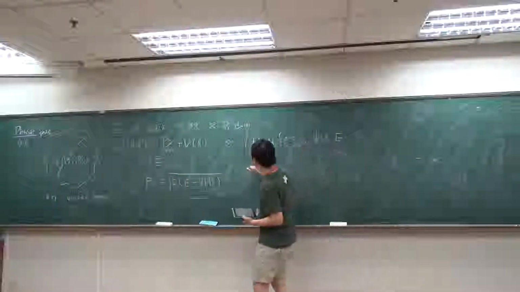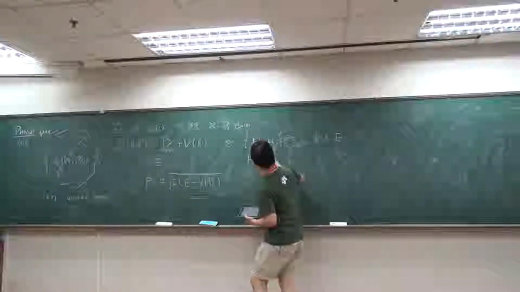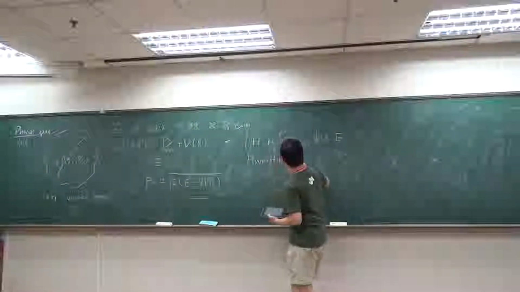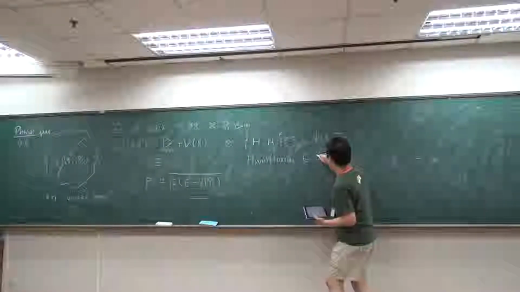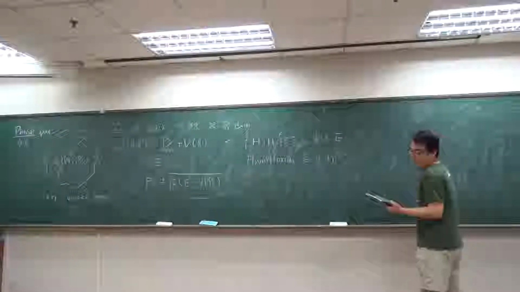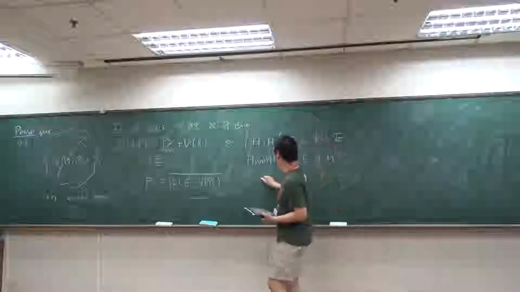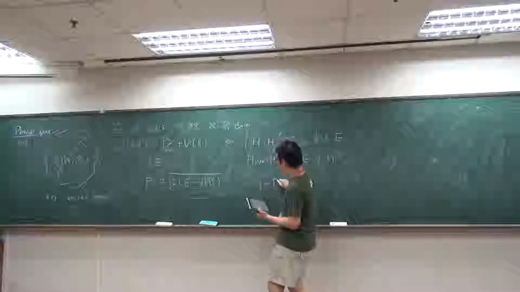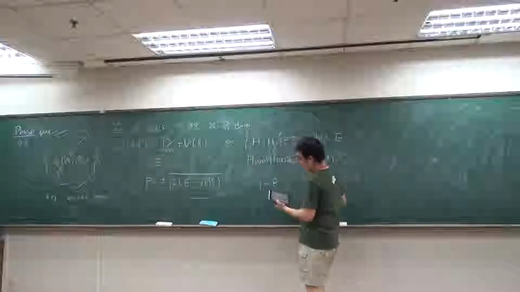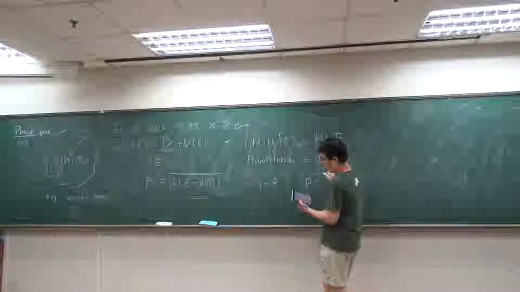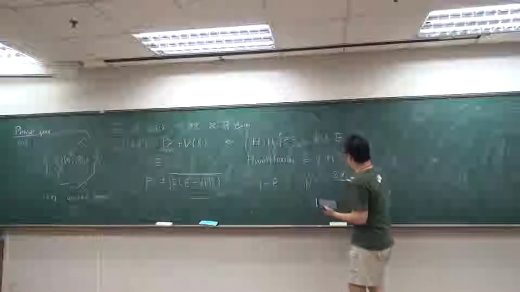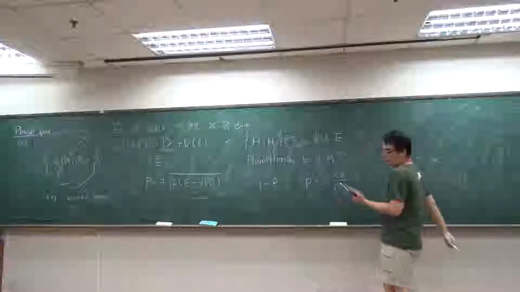And the Hamiltonian equation of motion is given in this case by Q dot equal to P and P dot equal to minus dV over dQ.